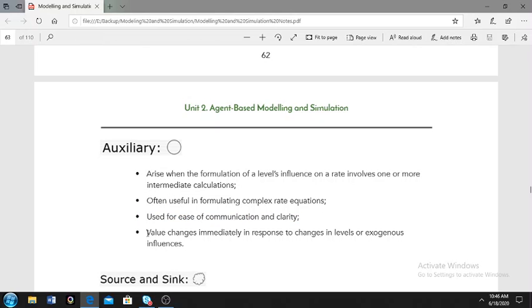So auxiliaries are variables used to formulate some intermediate calculations. In a stock and flow diagram, we don't only have stocks and flows, but we also have auxiliaries. We also have constants.